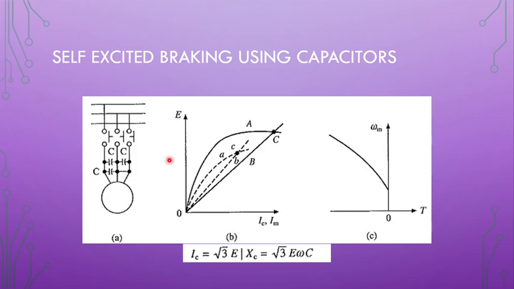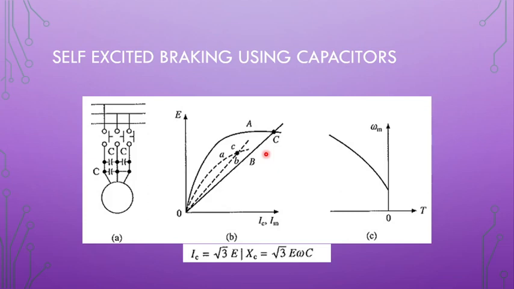Curve A, what is shown here, is a no load magnetization curve, or what we call an open circuit characteristic. And the line B, what is shown here, is actually the short circuit characteristic, but here it is the capacitor current. Because the capacitor acts like a load to the self-excited generator, which is nothing but our induction motor running as a generator disconnected from the supply.